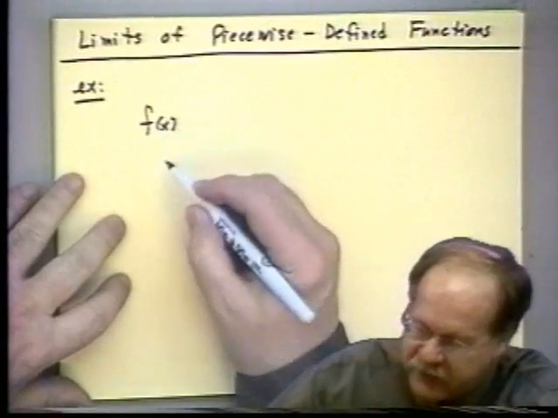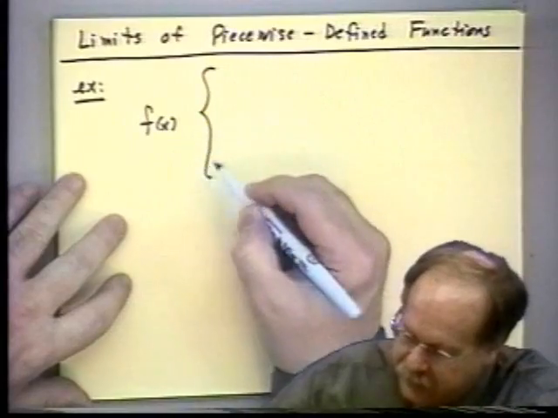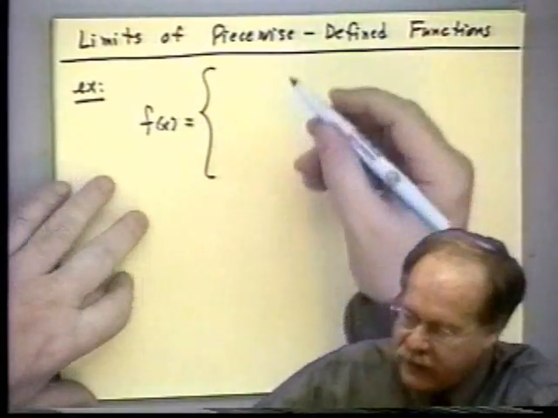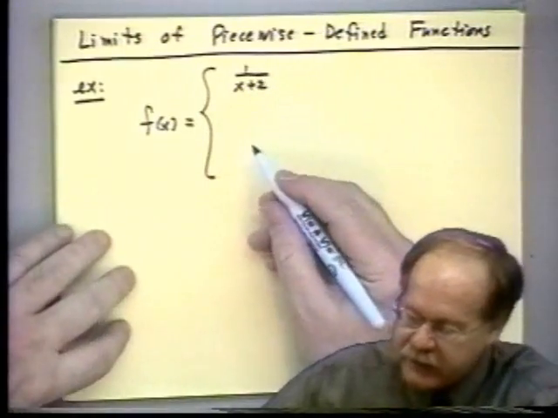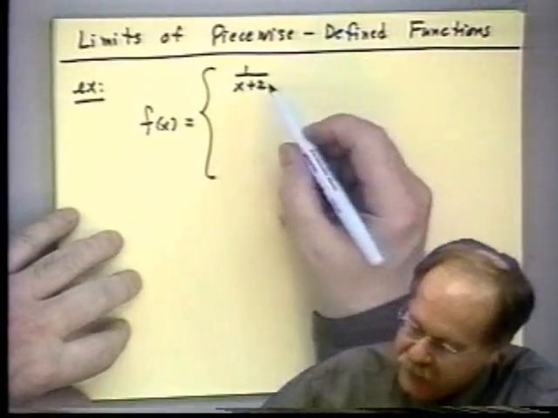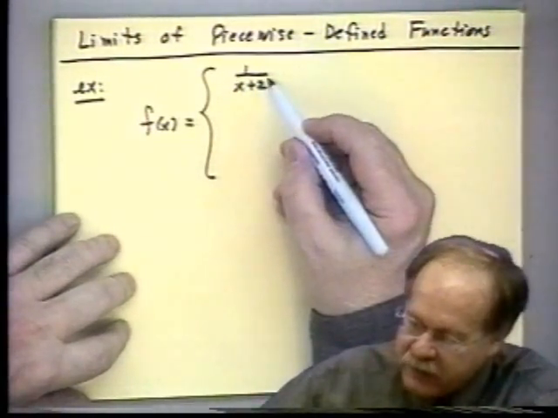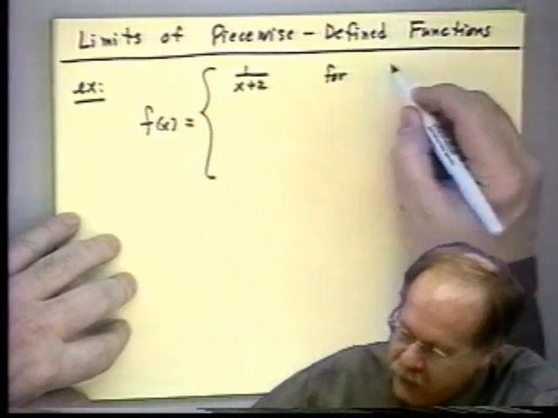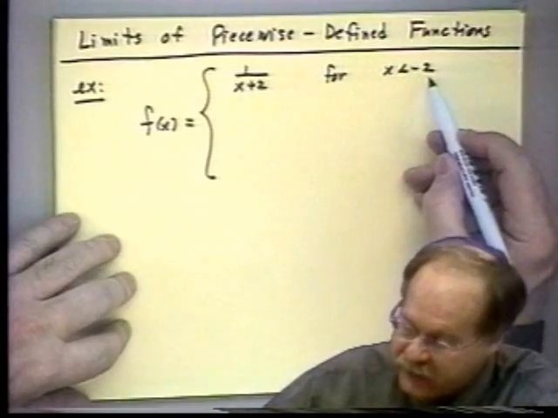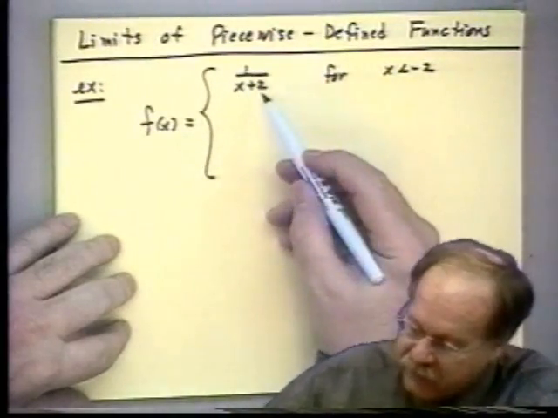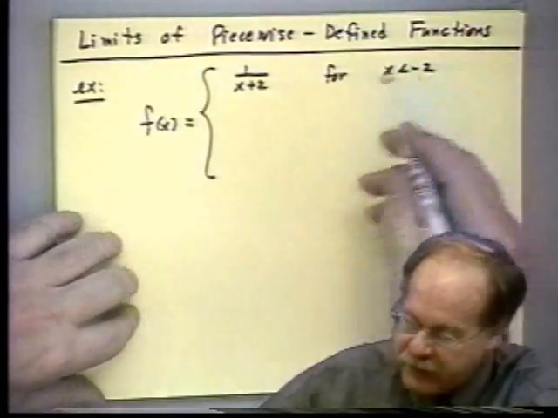Here is a piecewise function, and I will define it in 4 parts. One part I don't really need to mention, but it's good to have all of it there. So we'll say that this is 1 over x plus 2 for x less than minus 2. So this tells us what the domain is, and this is the functional value over that part of the domain.